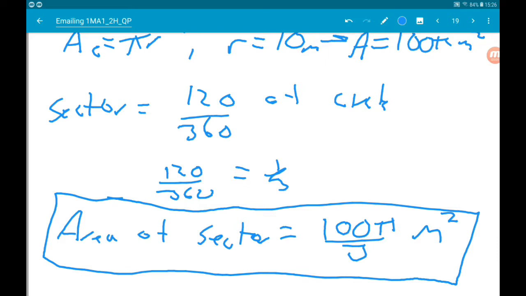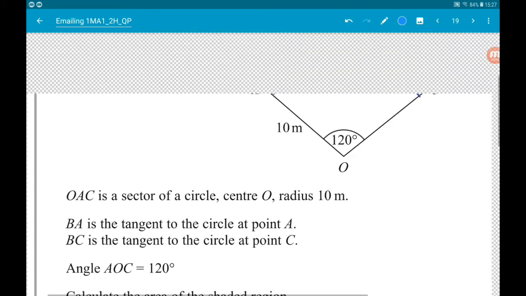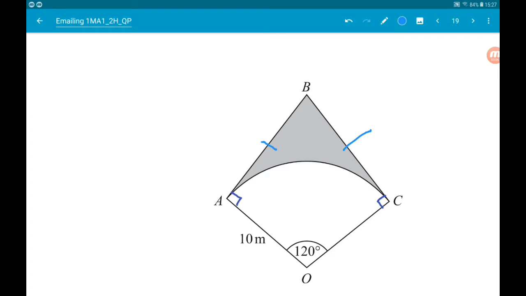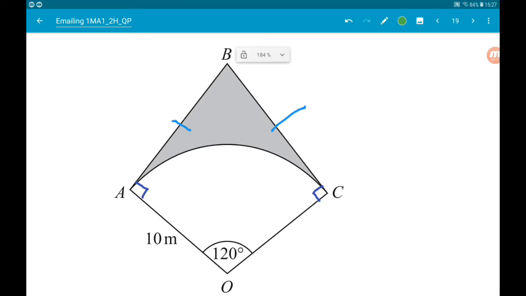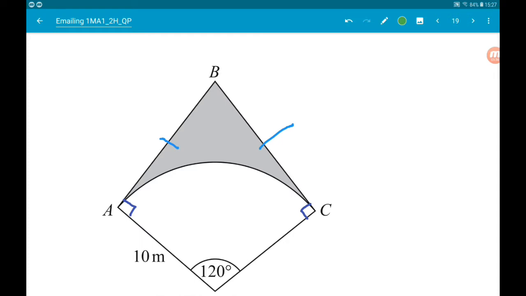Okay, so that's that. Now, how are we going to work out the area of the whole shape? Well, the whole thing is symmetrical. So we can cut it right down the middle. And we also know if we do that, we get two congruent right-angled triangles. So what we need to do first is work out the angle up the top.